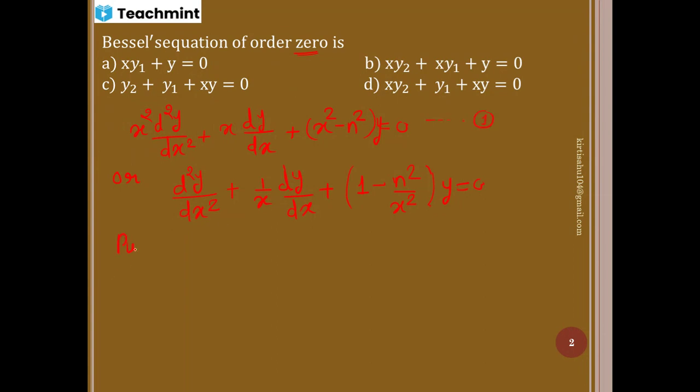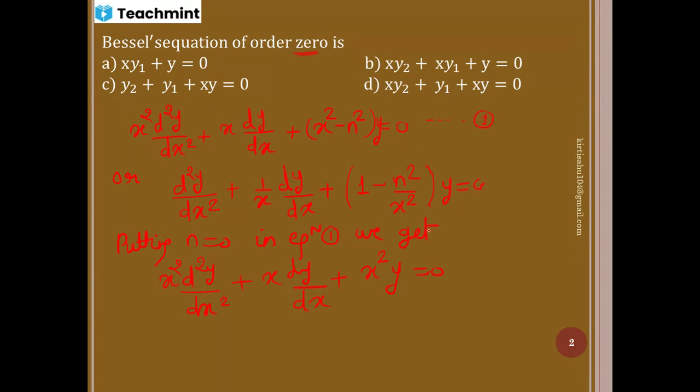Putting n equal to 0 in equation 1 to get Bessel's equation of order 0, we will get x square d2y by dx square plus x dy by dx plus x square y equal to 0.